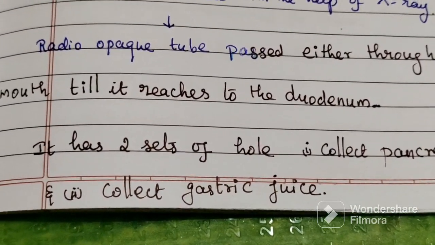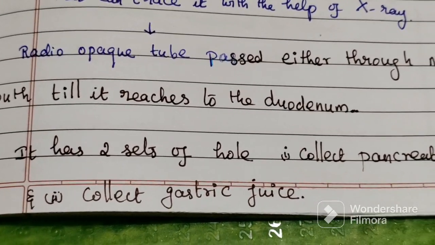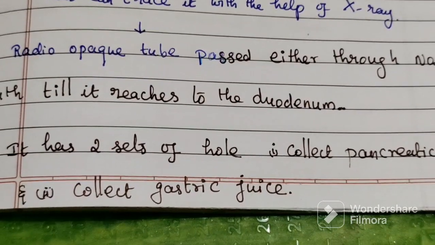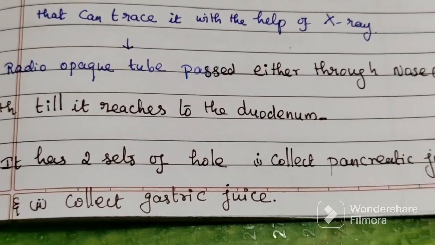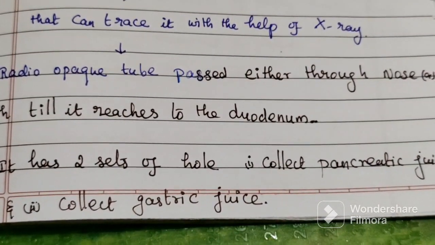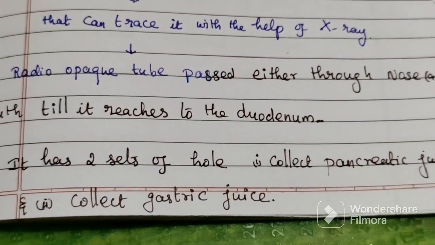It has two sets of holes: one to collect pancreatic juice for duodenal aspiration, and one to collect gastric juice for gastric aspiration.